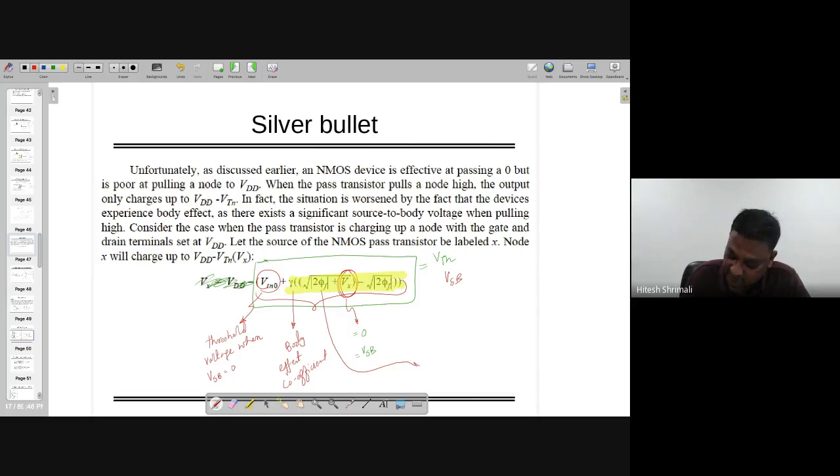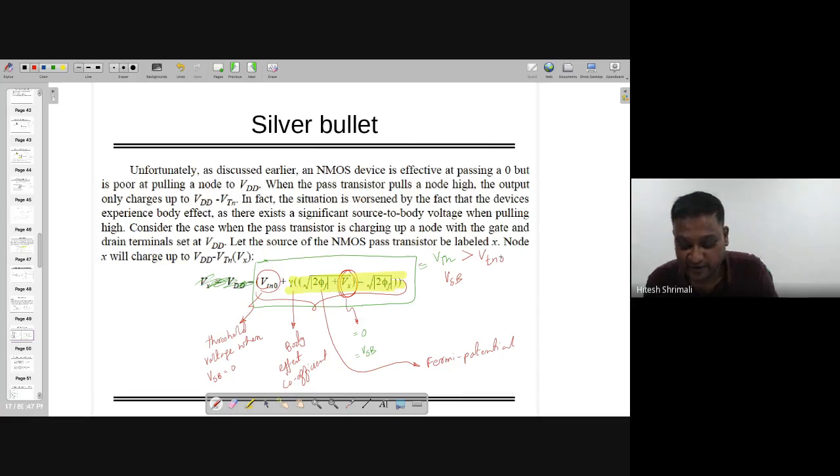Phi f is the Fermi potential, and Vx is VSB. So all these things have to be added, and you need to see the new threshold voltage, which is bigger than VTN0, which is bad for the device because my device becomes slow now, because earlier it was working at some voltage called VTN0, but now it's going to work at a different voltage VTH.